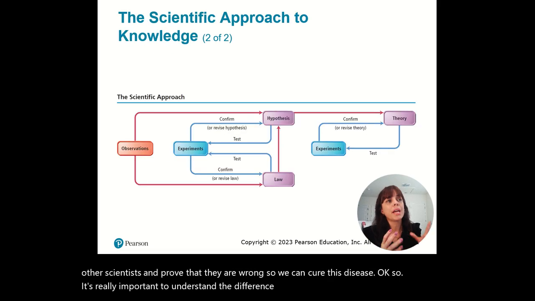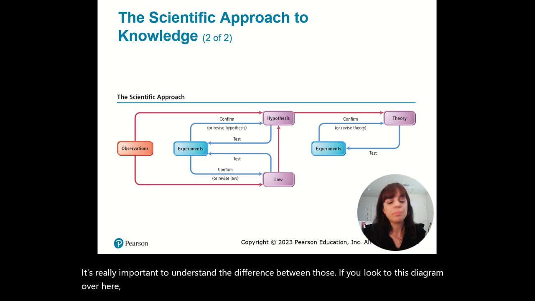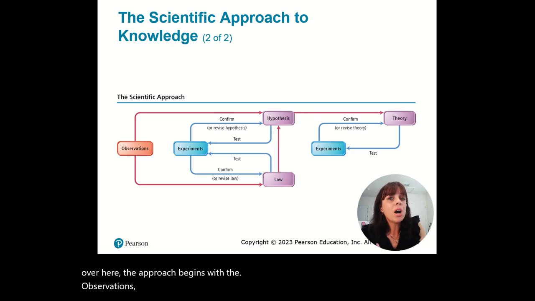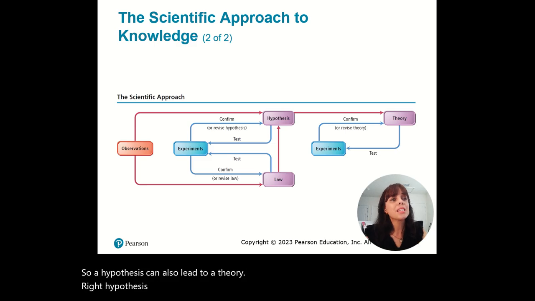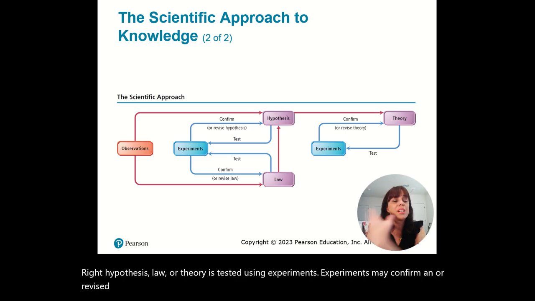If you look at this diagram over here, the approach begins with the observations, right, that lead to a hypothesis or a law. A hypothesis can also lead to a theory, right? A hypothesis, law, or theory is tested using experiments. Experiments may confirm or revise a theory, or revise the hypothesis or law.